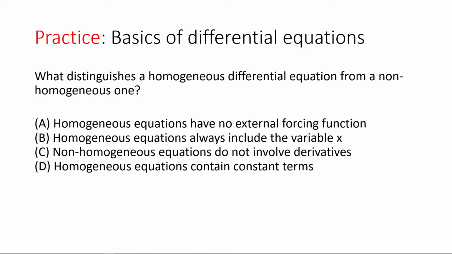What distinguishes a homogeneous differential equation from a non-homogeneous one? So remember, a homogeneous one will not have any source or sink term. Homogeneous equations have no external forcing function.